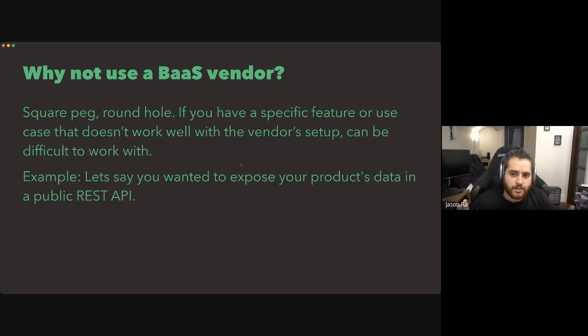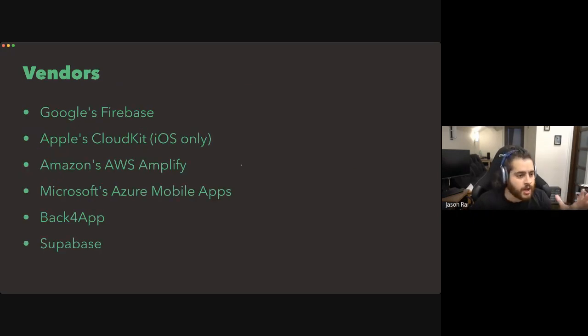So those are some reasons why you might want to use a vendor like this or why you might not. If we take a quick look at the common vendors out there, the most popular one, I think by far, is probably Google's Firebase. A lot of its features are free, not all of them. There's great documentation for Firebase, and it works pretty well. It's been around for a while.